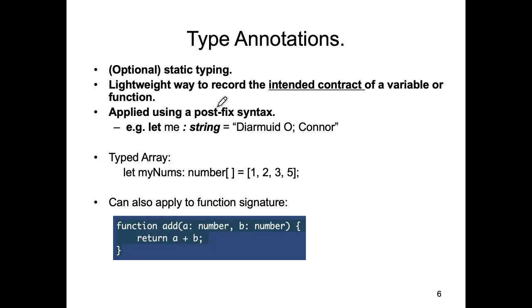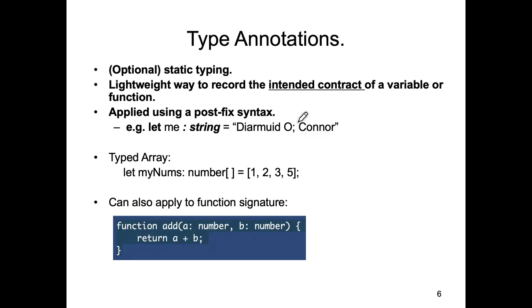The postfix comprises a colon and the type name. So if you see the simple example here, I'm declaring a variable called me, and I'm saying its type is the string type, which is one of the primitives that come with the language. And indeed, I am assigning it a string.